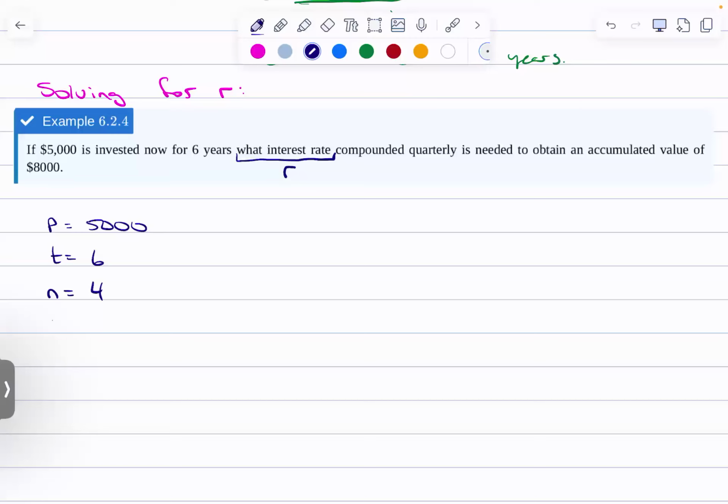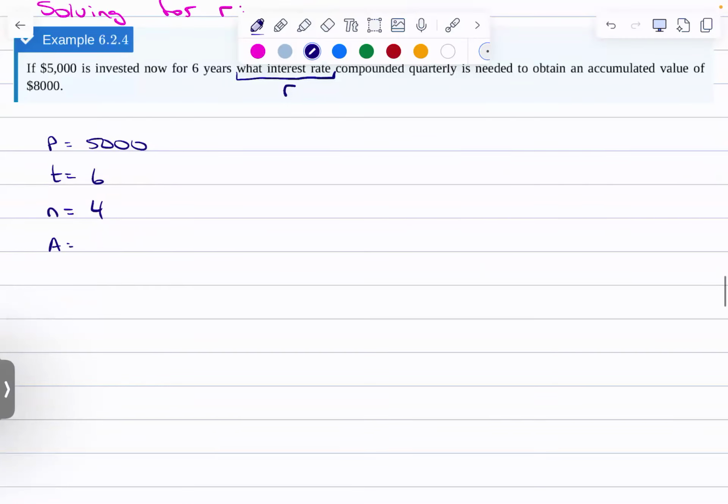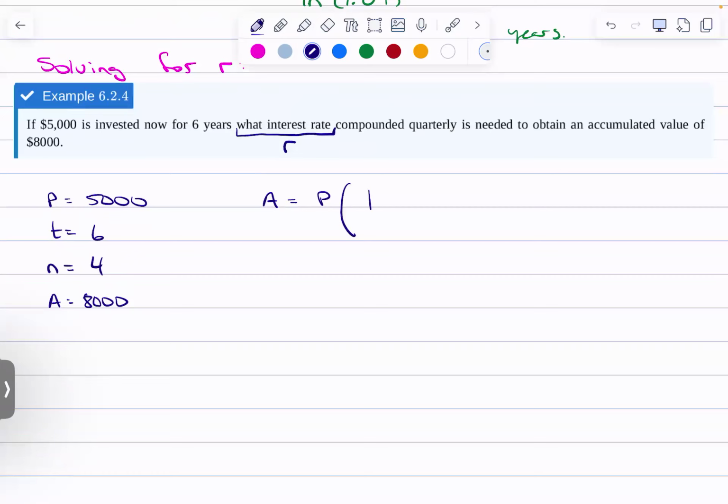And we want an accumulated value of 8,000. Same thing: A is P times 1 plus R over N to the power of N times T. We're going to plug in all our values and then see where that leaves us.